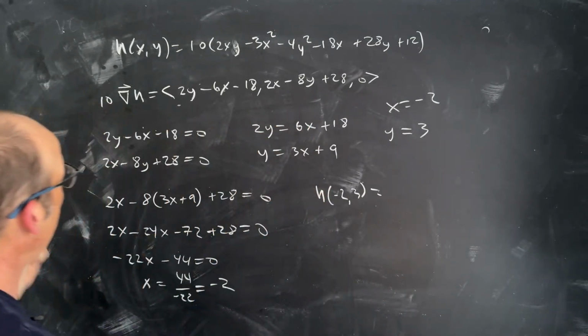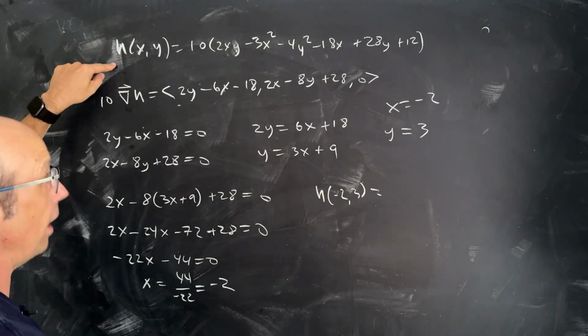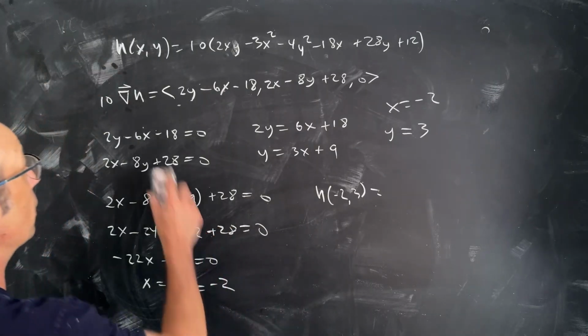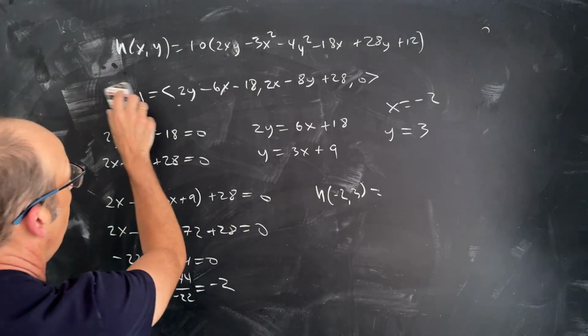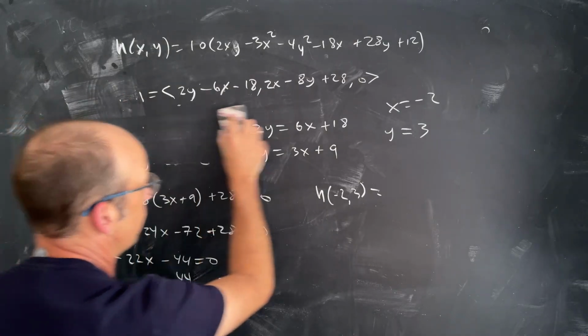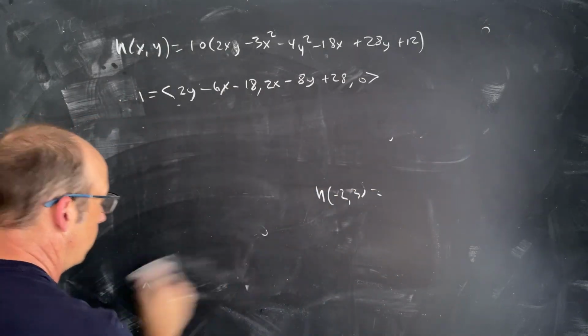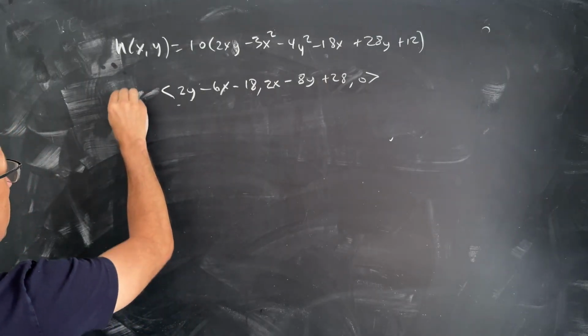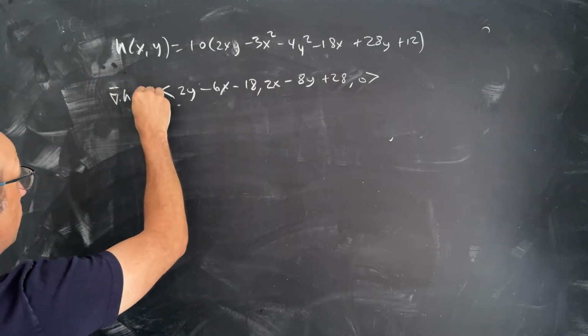So how would I find this gradient in Python numerically? Well, let's leave that function right there. Let's leave that one right there too. So here I have the gradient of h is equal to 10 times that.